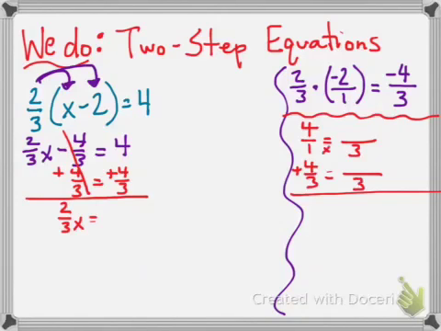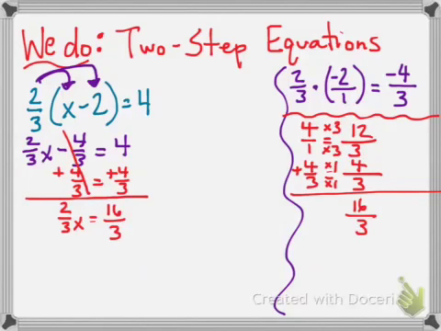So 1 times 3 will give me 3, so 4 times 3 will give me 12. 3 times 1 will give me 3, so 4 times 1 will give me 4. And then I can add my numerators. 12 plus 4 I know is 16, so this becomes 16/3. So I jump back over here to my problem, so that's equal to 16/3.